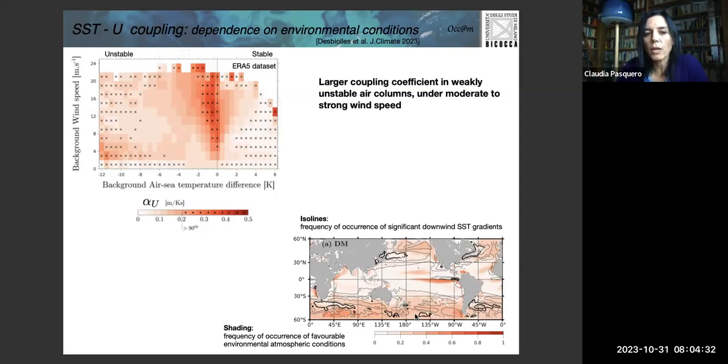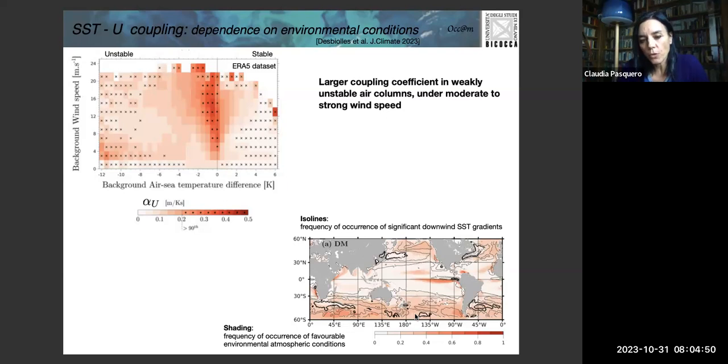We know that the atmospheric response to the same SST gradient will differ depending on the environmental conditions. So clearly we cannot talk about being global anymore. If we want to go deeper into this, we need to focus on specific regions.